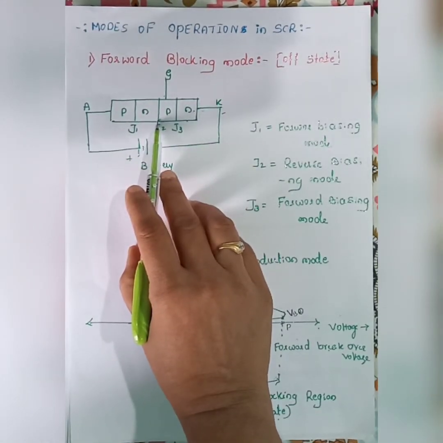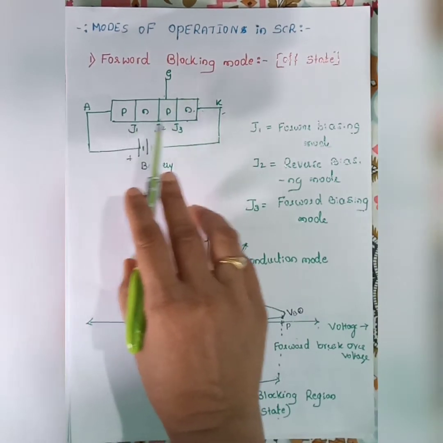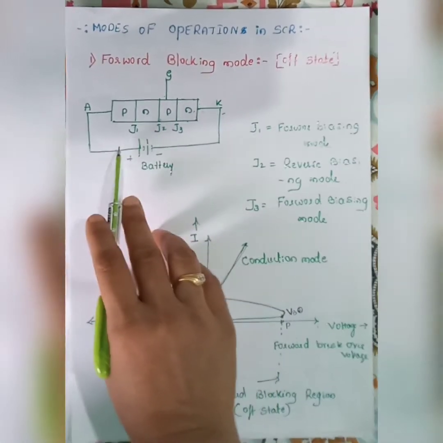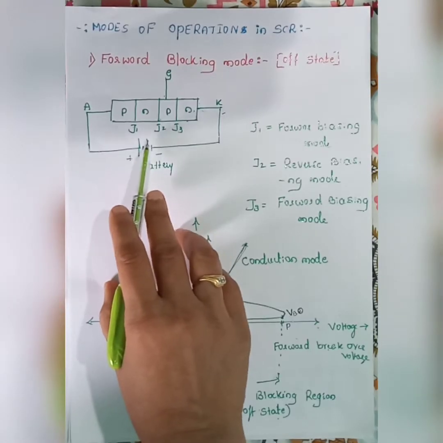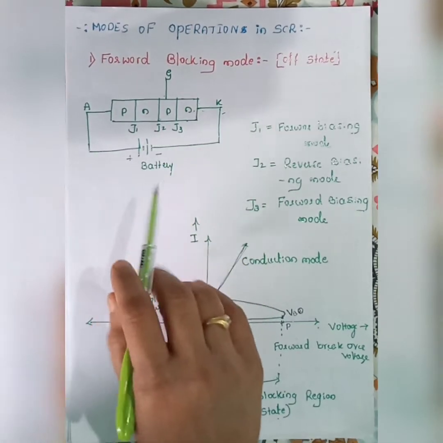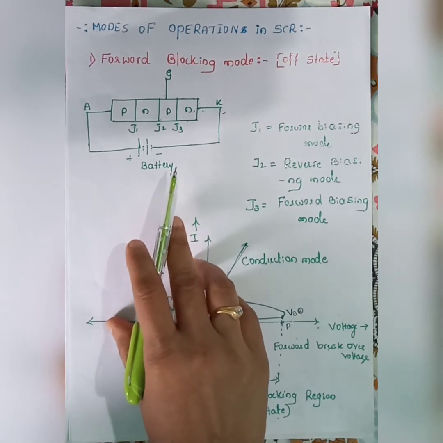This is also called avalanche breakdown. At this point, junctions J1 and J3 are already forward biased. A large amount of current flows from anode to cathode of the SCR device. Due to this, the SCR starts to conduct.